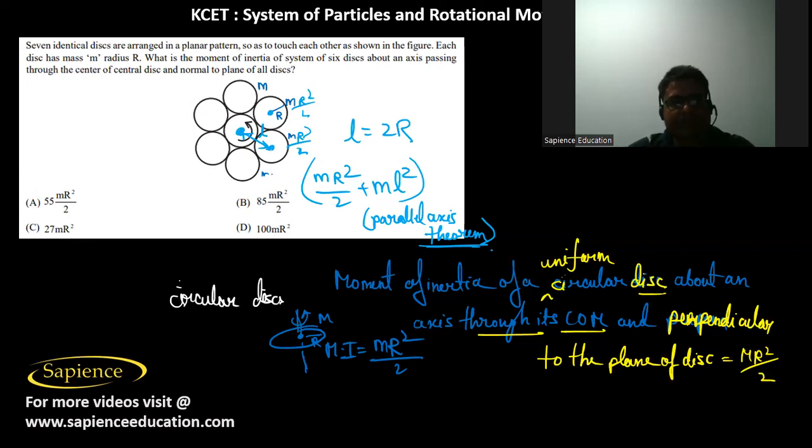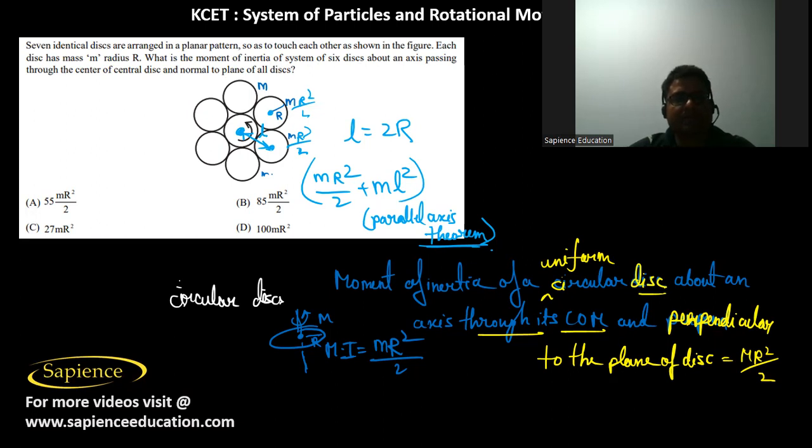So here, the circular disk is there, mr square. The question is about the system of 6 disks, out of 7 identical disks touching each other: what is the moment of inertia of the system of 6 disks about an axis passing through the center of the central disk and normal to the plane?